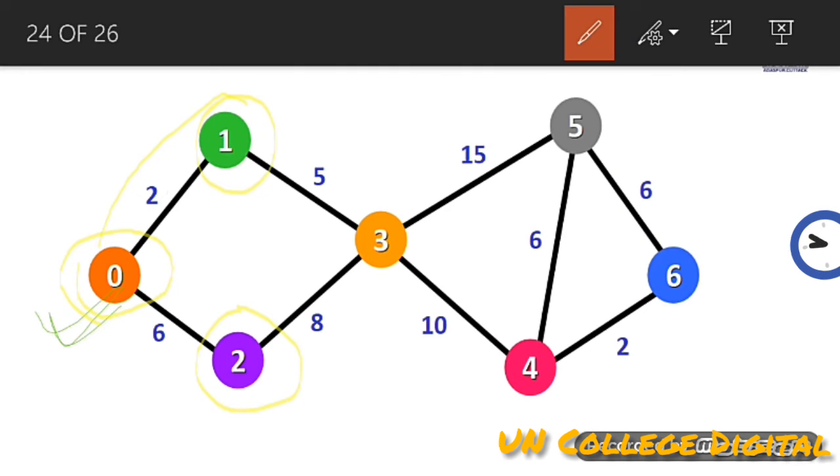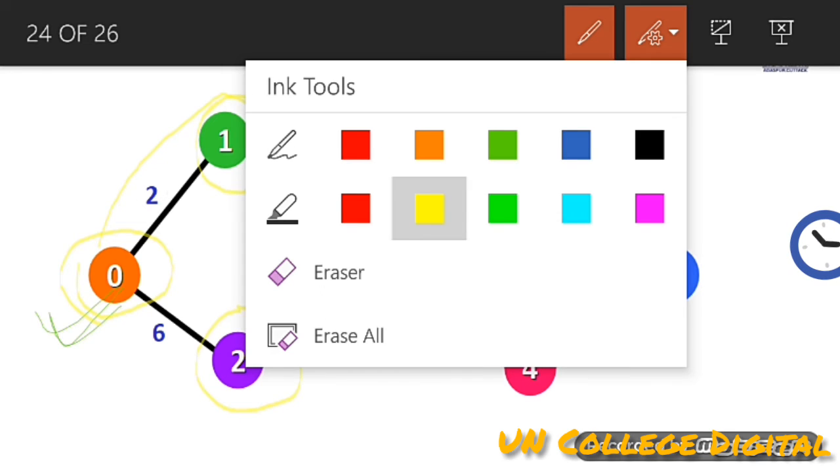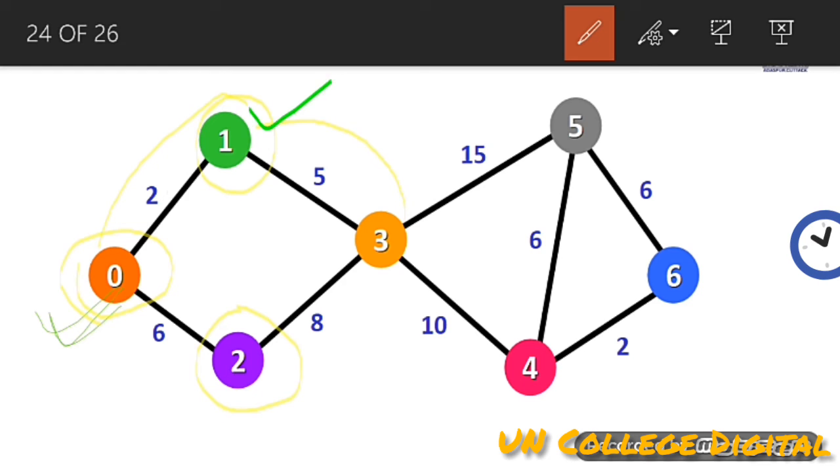And now we are at 1, and we will select either 1 to 3, which has weight 5, or 0 to 2, which has weight 6. As 5 is smaller, we will select 1 to 3. And now this vertex is visited. Which one? 1 is visited. Previously we visited 0, and in the next step we visited 1. Now we are at 3.